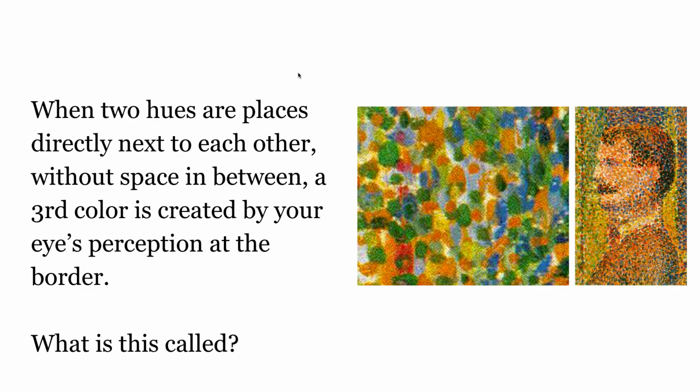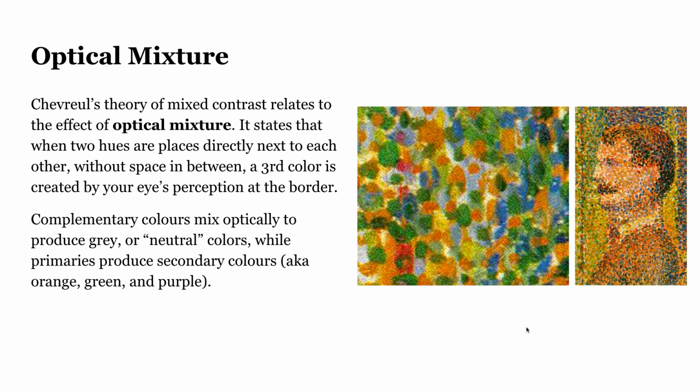When two hues are placed directly next to each other, a third color is created by your eye's perception at the border. Is this an example of simultaneous contrast, color vibration, or optical mixing? That is optical mixing.